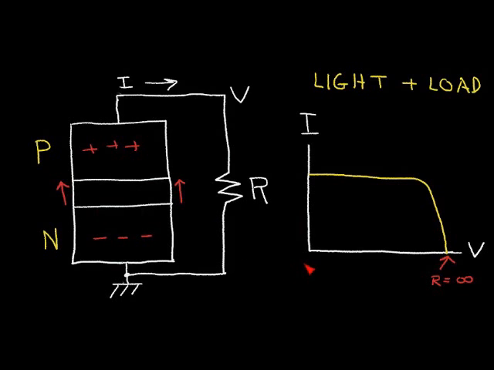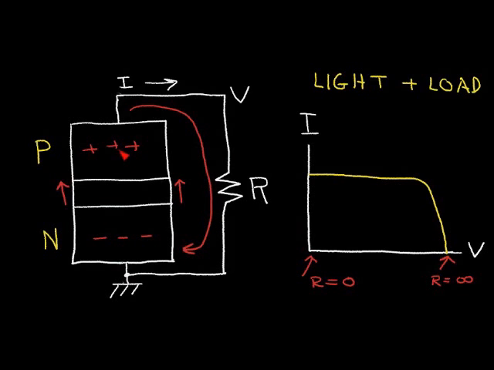Now, if we put a short circuit across here, we're saying that the resistance is equal to 0. And then as we add load to the circuit, this positive charge can now flow through this load to this terminal.